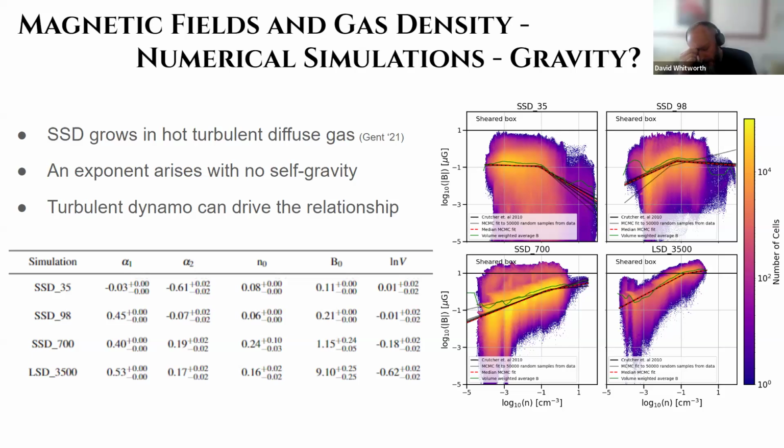So the original relationship from 2010 doesn't state a reason why it appears there, but a lot of people have assumed that it's where we expect the dense gas to start collapsing and we get our giant molecular clouds.